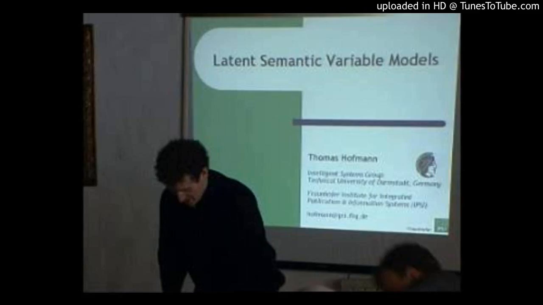And in particular, the types of methods that I will talk about are closely related to matrix decomposition techniques. So what I call matrix decomposition here is simply a factorization of a matrix. So say we have a matrix A. We want to approximate it by some matrix A hat, which can be written as a product of two matrices L and R. And these two matrices are typically constrained to be thin.